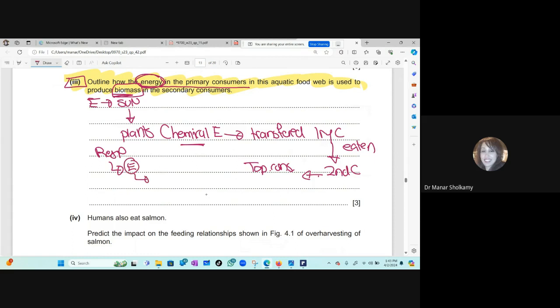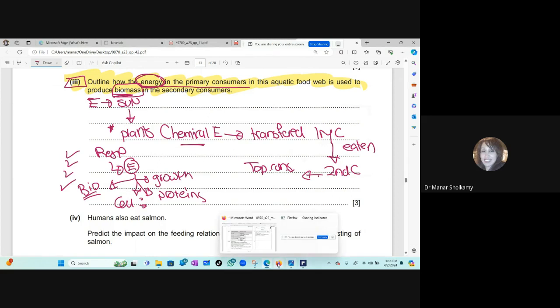And this energy will be used in growth, in making proteins, in cell division, in creating biomass, gaining weight. Okay? I expect you to say this part of the answer. You will all remember that the food will be broken down in respiration, but I don't think you will remember the first part of the question because this is year 9 notes. So please do not ignore year 9.